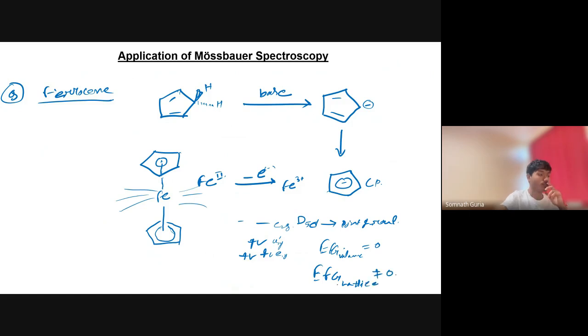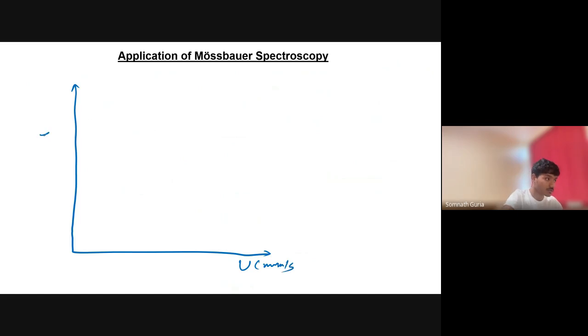and it will be non-zero, and then we'll have Mossbauer quadrupole splitting, and I can draw the Mossbauer line over here. This is the Doppler velocity, and here is the percentage of transmittance.